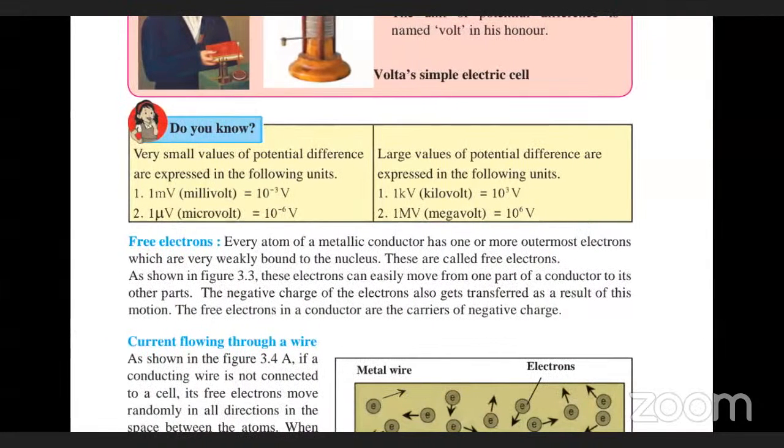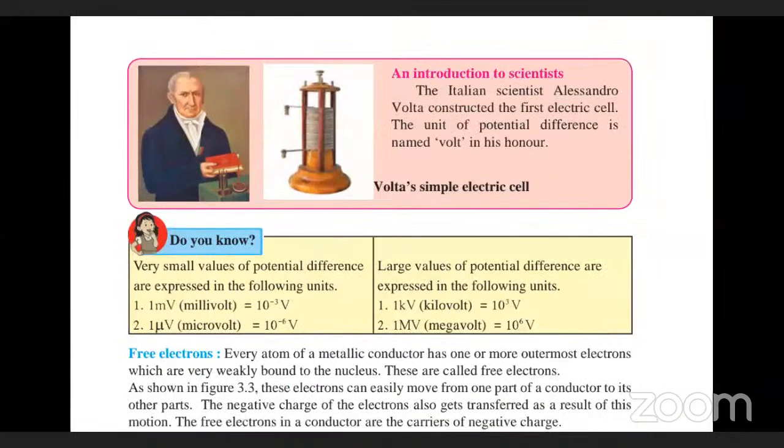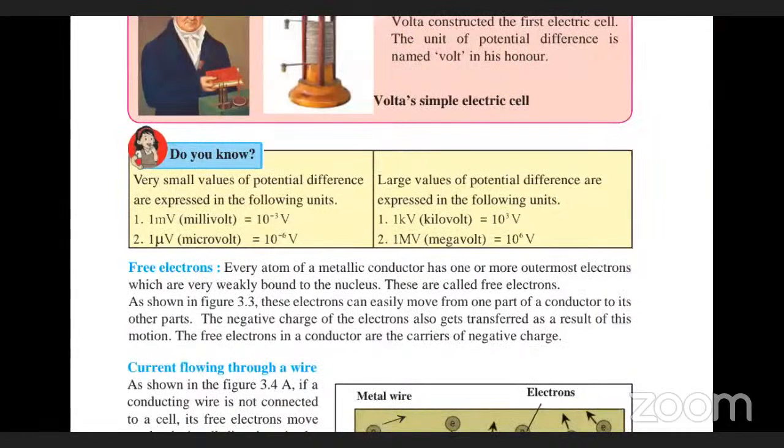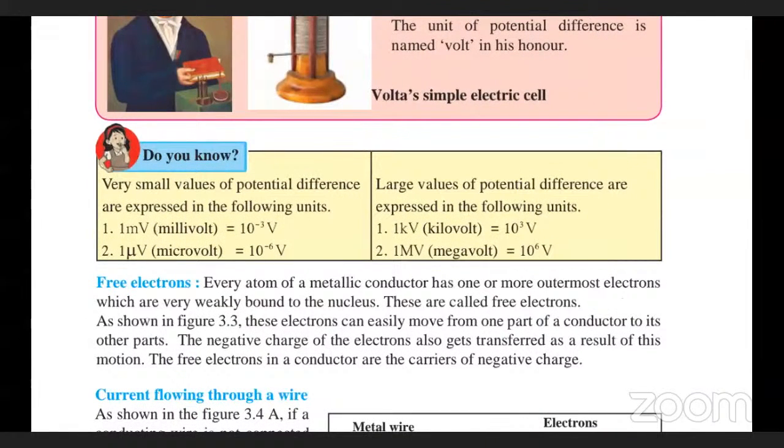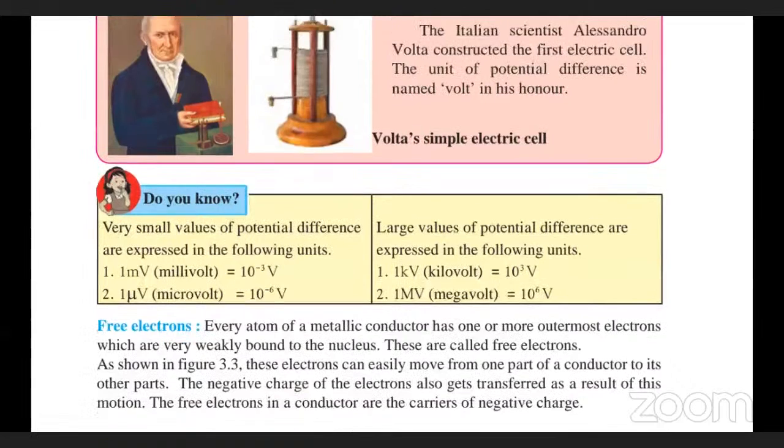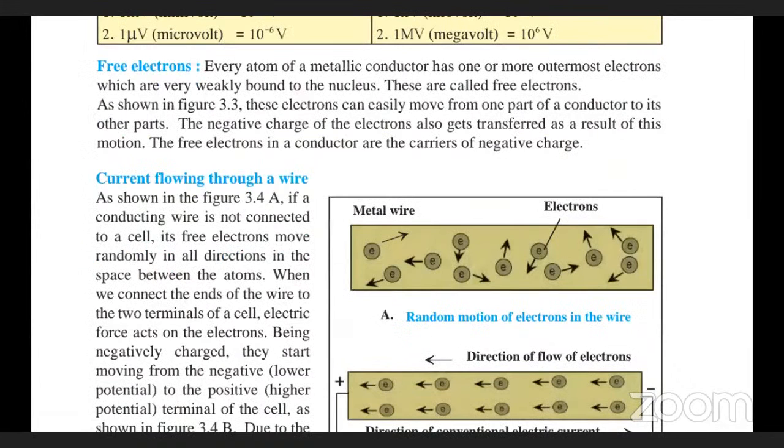There are good conductors of electricity and there are bad conductors of electricity. The substances through which electricity can flow are known as good conductors, and substances through which electricity cannot flow are known as bad conductors. Whichever substance contains free electrons is said to be a good conductor. Conductors are usually made up of metals.